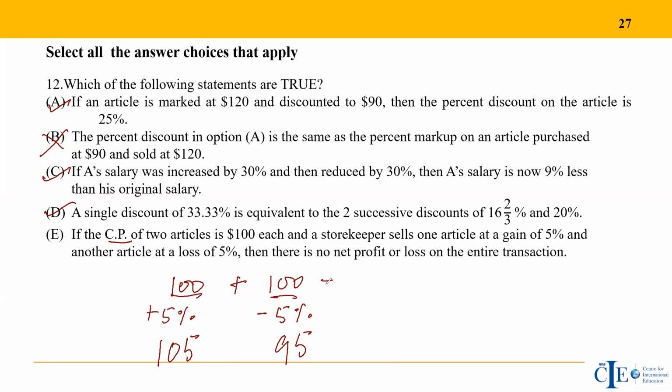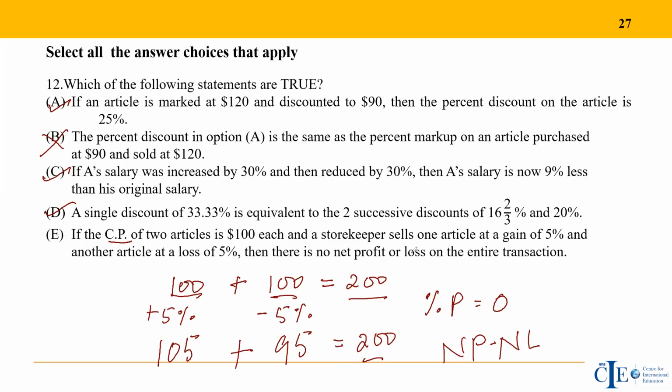So the total cost price here is 200, and the total selling price after the profit and the loss is also 200. He had a cost of 200 and sold for 200, so the profit percent made is zero because there is no gain, no loss. Hence, in the end, there is no profit, no loss.